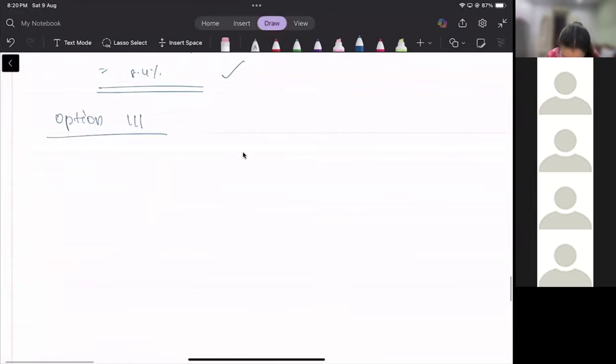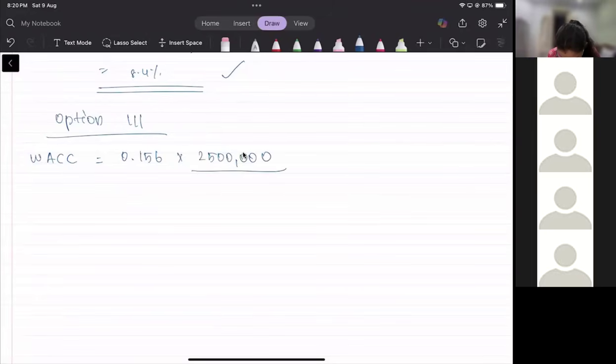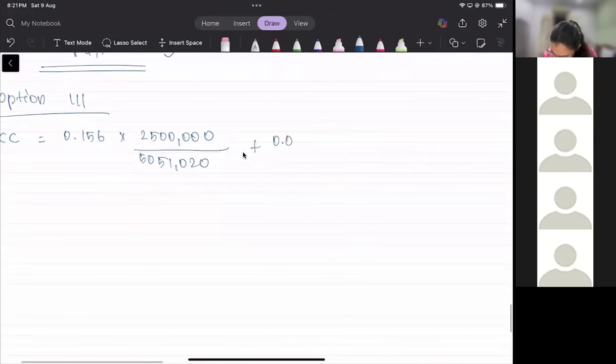So, we just need to find out the weighted average cost of capital. Weight of equity into KE plus weight of debt into KD. Either you can draw that tabular format or you can do it as a formula. Whichever method is comfortable, you can follow that. Right now, I am doing this as a formula, not drawing the table.